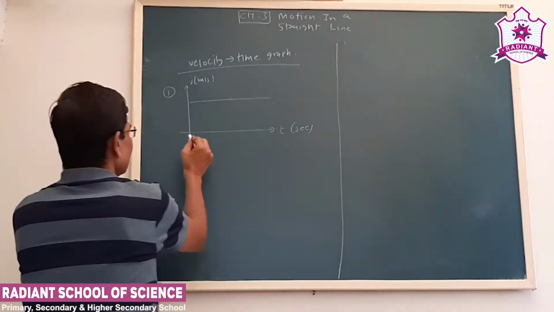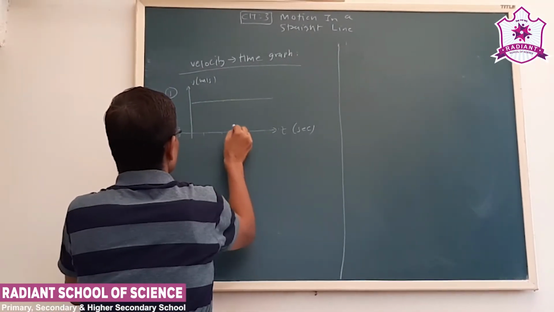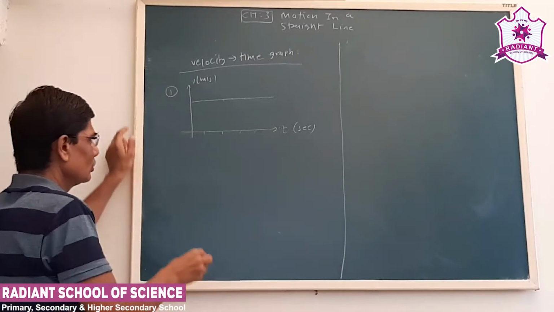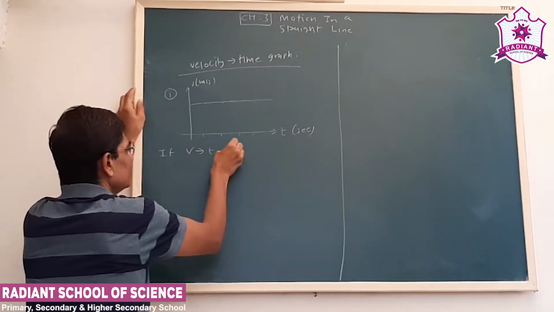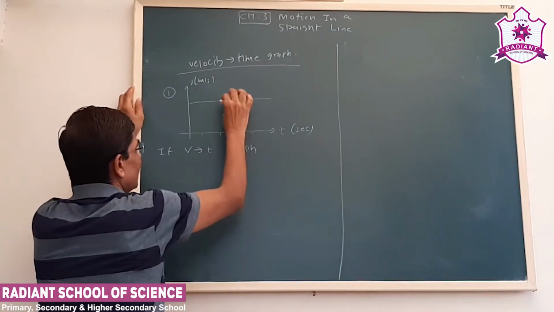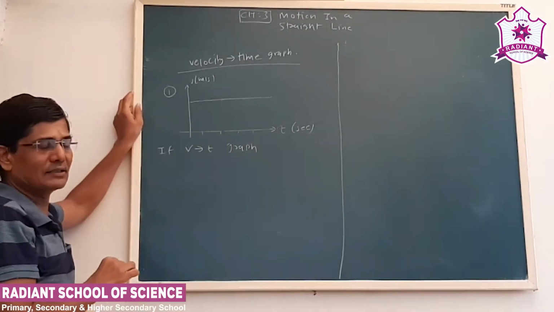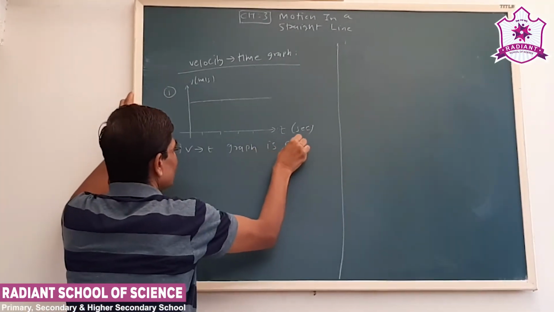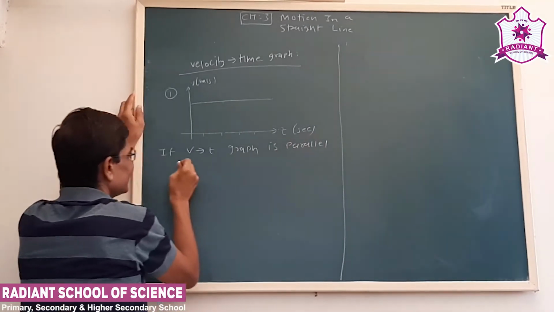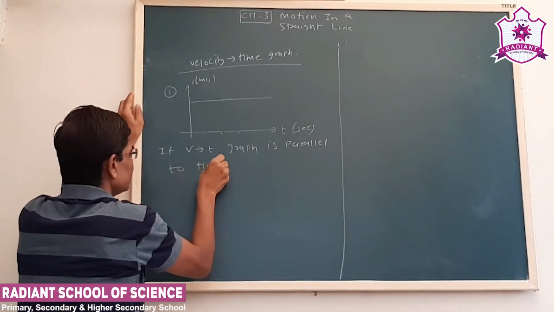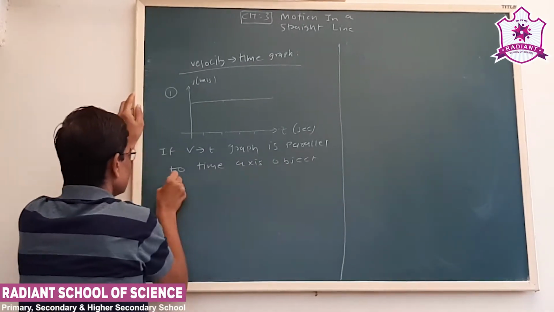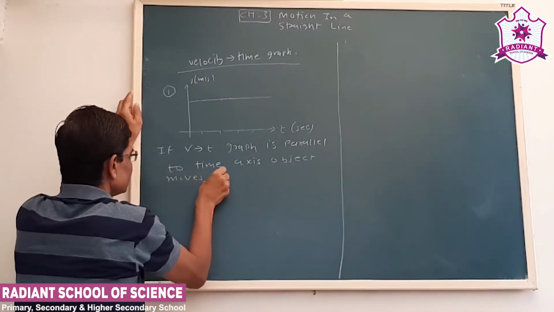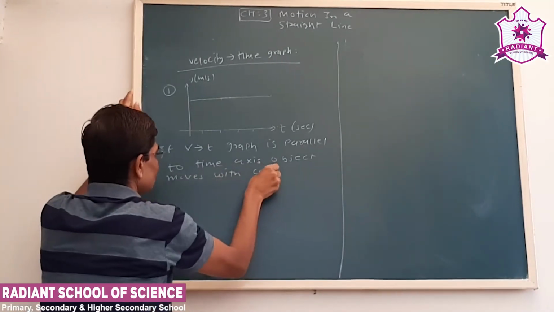Time changes but the velocity does not change. So what we can write here, if the v versus t graph is parallel to the time axis, the object moves with constant velocity.